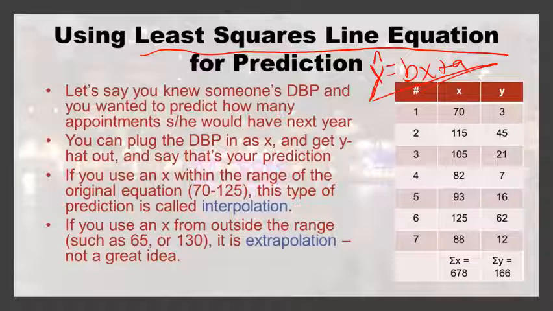What you could do in this situation is use this equation to plug in the diastolic blood pressure, which is your x. Okay, so if you want to predict how many appointments someone might be taking in the future, depending on their diastolic blood pressure, all you would have to do is take your equation and plug their diastolic blood pressure reading in for the x, right?